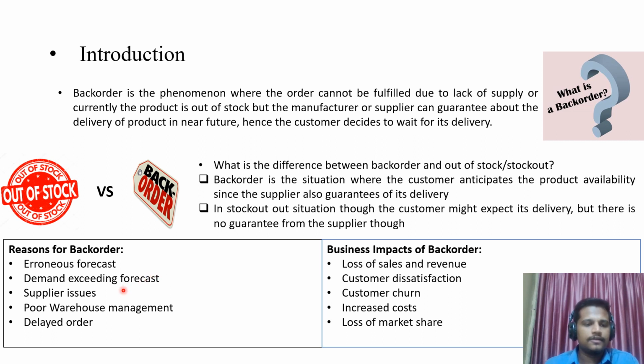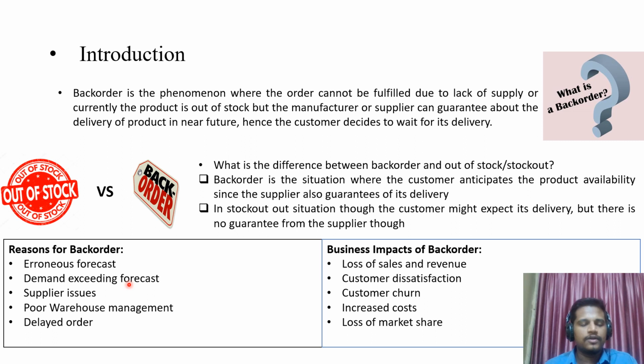The third reason is supplier issues. There might be logistical or transportation issues, excessive lead times, legal issues, or administrative issues at the supplier. If the supplier delays the delivery of the product, there is a high chance of back order, and the product won't be available for the customer.